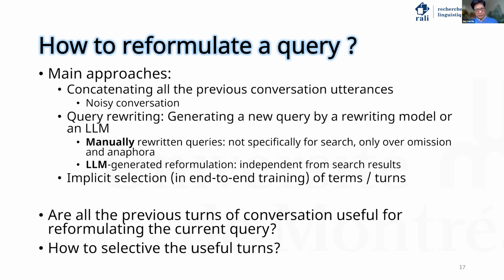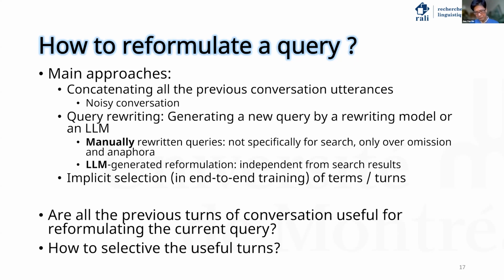What we do in this first work that I'm going to present to you is about the question of what are the relevant conversation terms that are useful for the current query. So we know that not all the previous terms are useful.